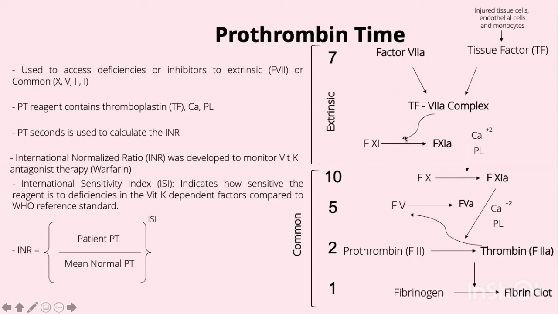Now we need to determine if we have any deficiencies or inhibitors in this cascade, so let's try to simulate this outside the body. The prothrombin reagent will contain thromboplastin, which is the tissue factor we have here, and we also need calcium and phospholipid.